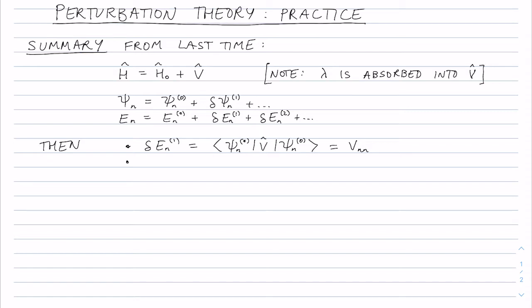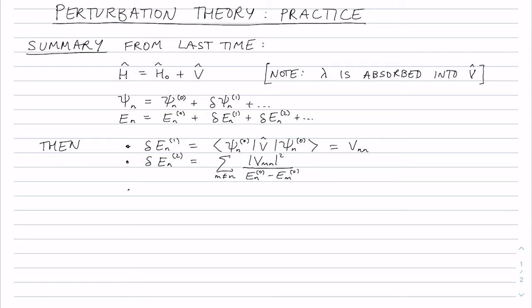We got the second order correction to the energy, which we wrote as the sum over m of Vmn squared over En naught minus Em naught.